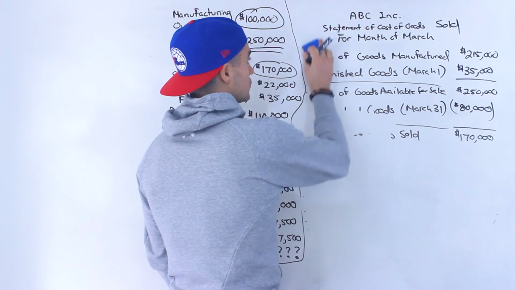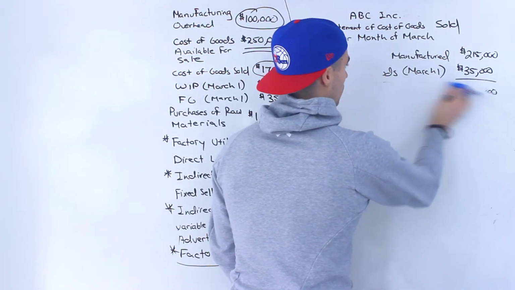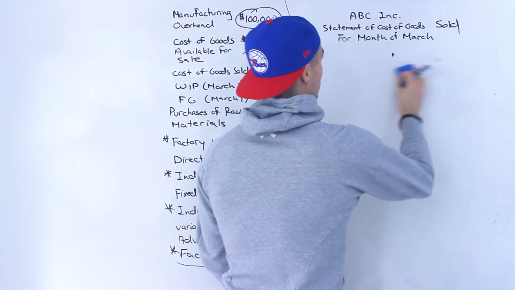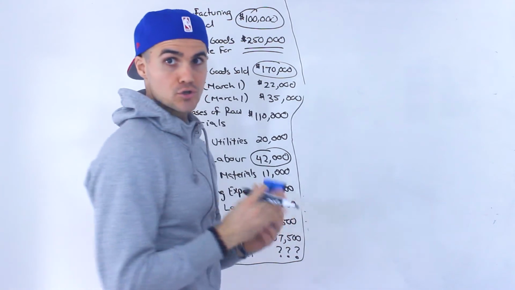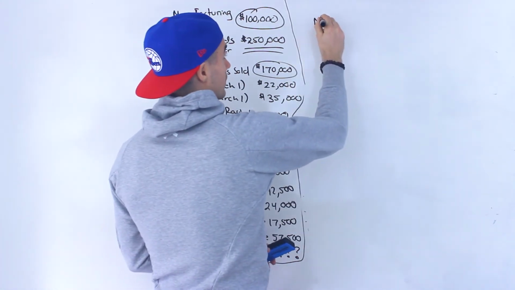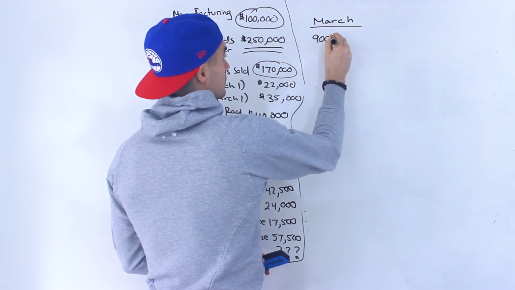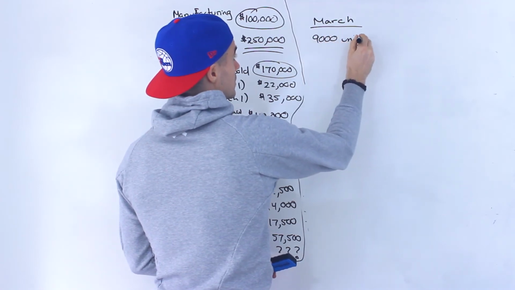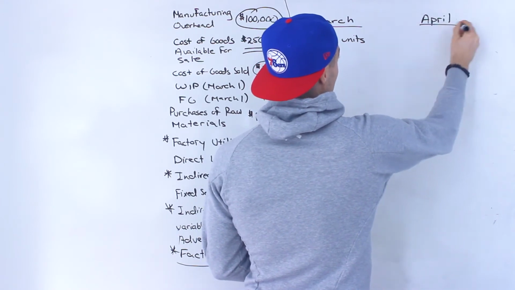Now number two, if you remember what it said was assume that 9,000 units were produced in March. So in March, we're assuming 9,000 units are produced. And then we're told to assume that in April, let's actually do 2 and 3 together here.